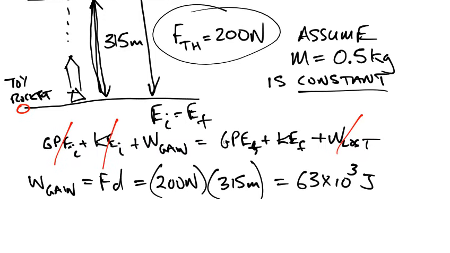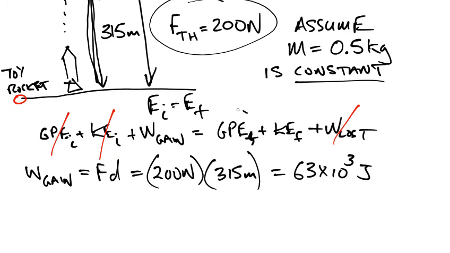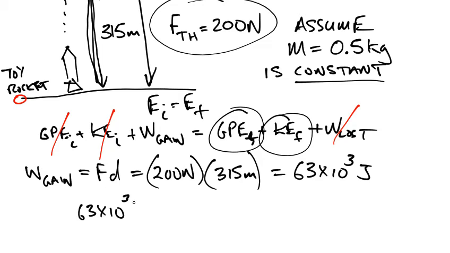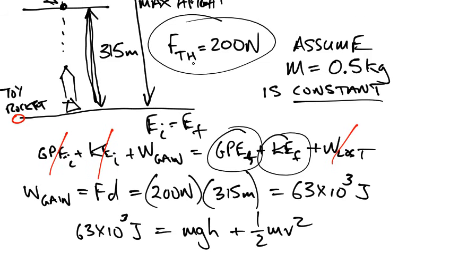Now, therefore what we have left is the GPE and the final KE. So we could say 63 times 10 to the power of 3 joules is equal to the final GPE, which is mgh, plus 1/2 mv squared. Okay, this h being the 315 now.